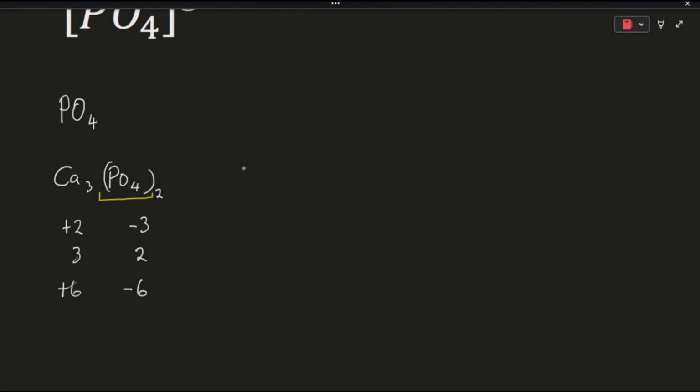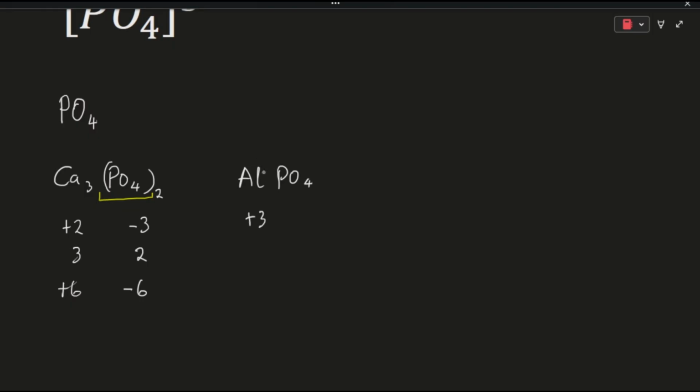Now if you take a compound like aluminium phosphate, which is a neutral compound, aluminium has an oxidation number of +3, and so contributing +3 oxidation number of the whole compound.